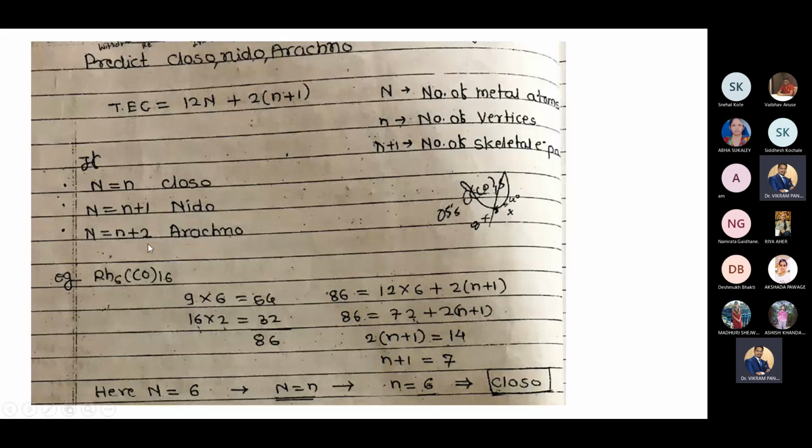Based on these three relations, you can find the actual answer. Here they will give a multiple choice question for this particular formula: closo, nido, arachno, hypo, and different types of multiple choices. You have to choose one.